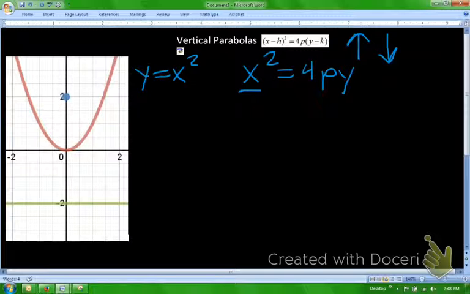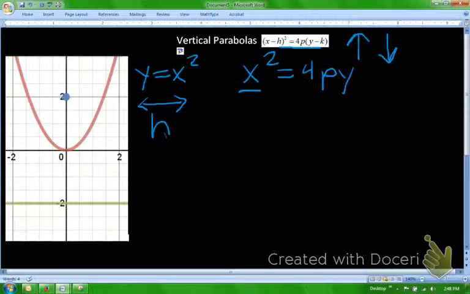What I have done with this formula right up here is I've just added in some transformations. Just like with any other graph, the parabola can shift to the left or to the right. If it shifts to the left or right, that is a change in the x value or our h parameter.